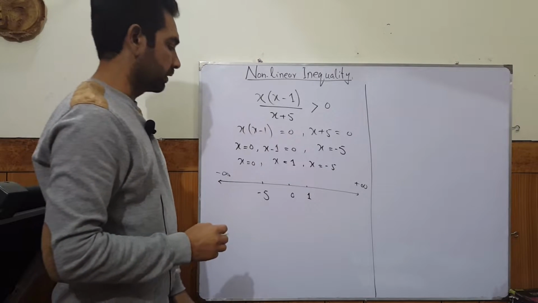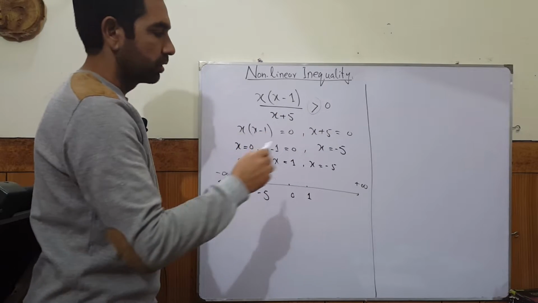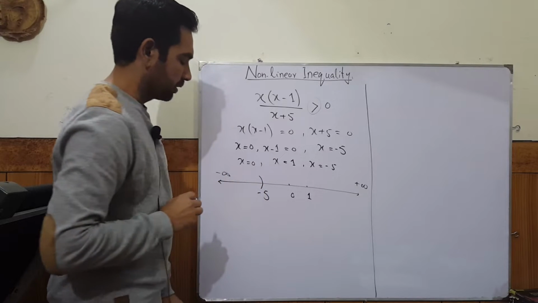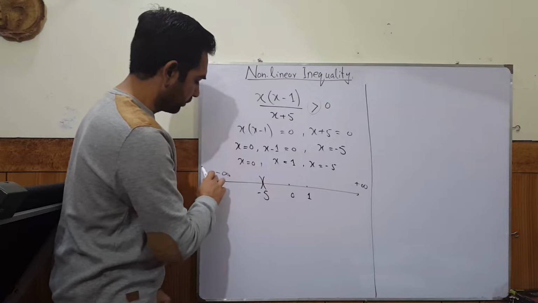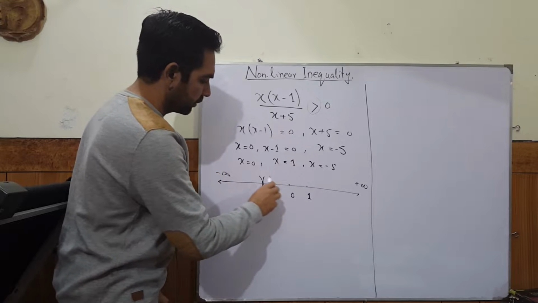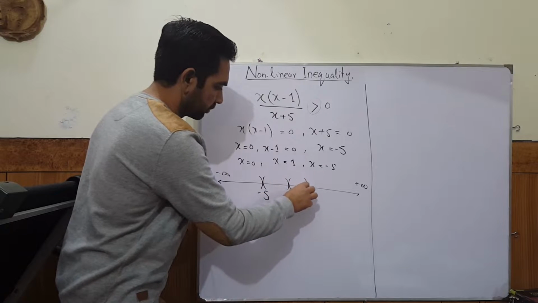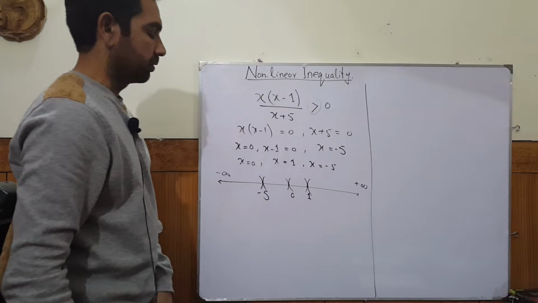Since this is only a greater than inequality, there is no equality in here, so the symbol would be of this type. So we have one interval from minus infinity to minus 5, the other from minus 5 to 0, then from 0 to 1, and then from 1 to positive infinity.